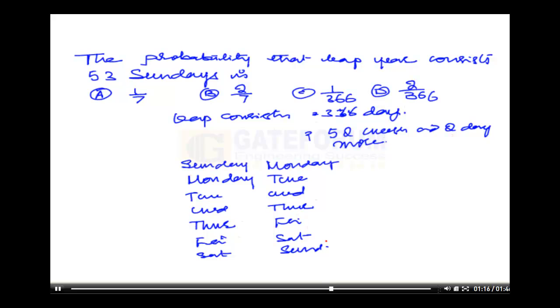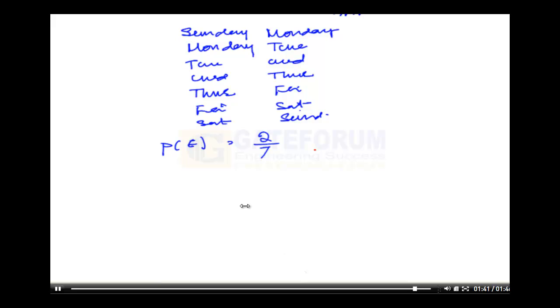So therefore we have 7 possibilities, out of which 2 contain Sunday, that is the first one and the last one. So therefore the probability of getting one more Sunday here is, out of 7 any one will occur, hence 2 favorable events by 7 possible outcomes. Therefore the answer is B, that is 2 by 7.